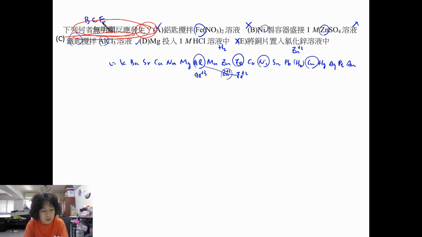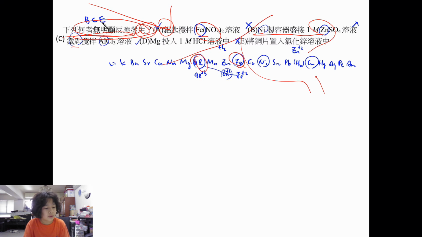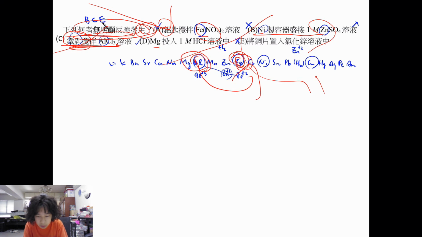If you have aluminum plus Fe, aluminum is more reactive than Fe, so there is a reaction. If Ni plus Zn, Ni is less reactive than Zn, so no reaction. If you have Fe and Cl, Cl is bigger than Fe, so no. Let me see Cl and Fe. Where's Fe? It's right here, and aluminum is right here.